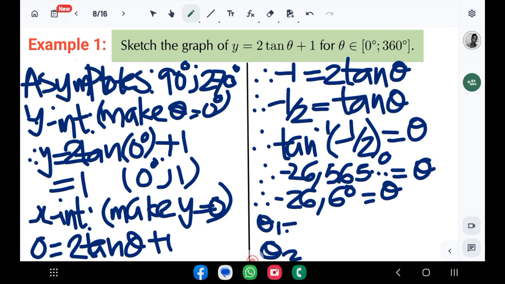This is the first point where you will hit your x-intercept. So that will be -26.6 plus 180 degrees, and that gives us the point. Okay, let's see. If we add 180 degrees, that gives us the point 153.4.